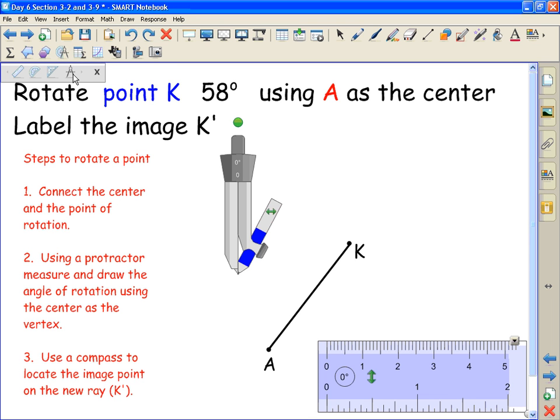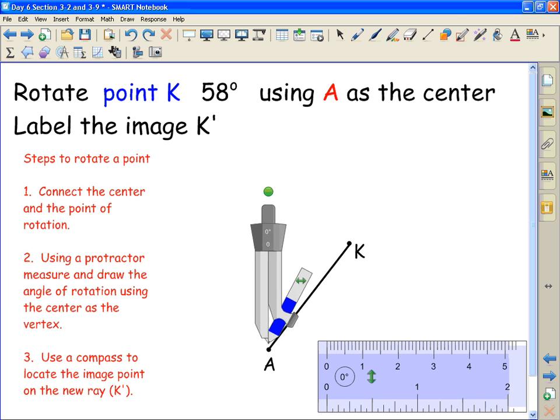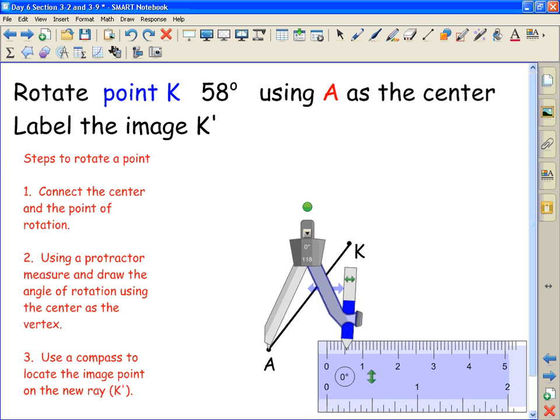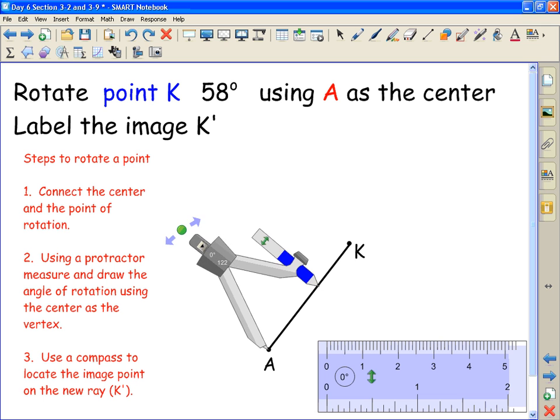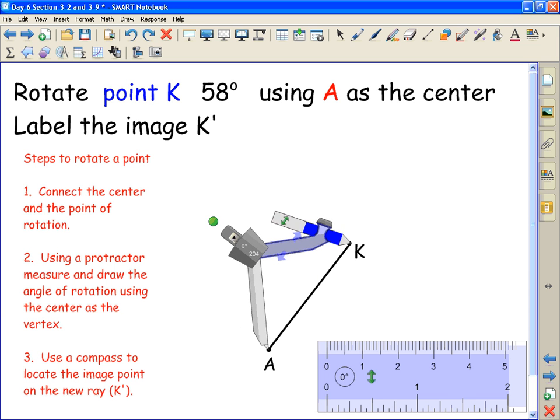We're going to take our compass, place one point over point A, move it so that my pencil then is on point K. So with your compass, the pointed edge should be on point A. On point K will then be the pencil part.